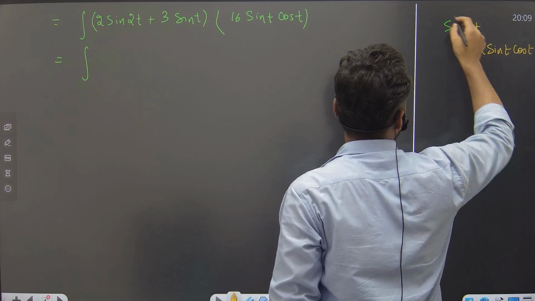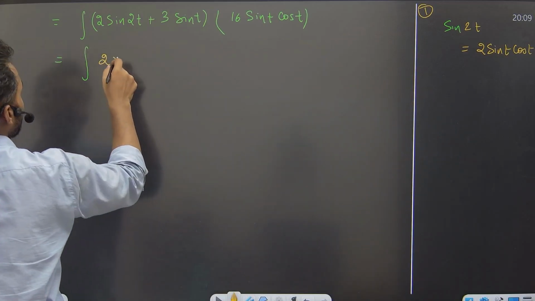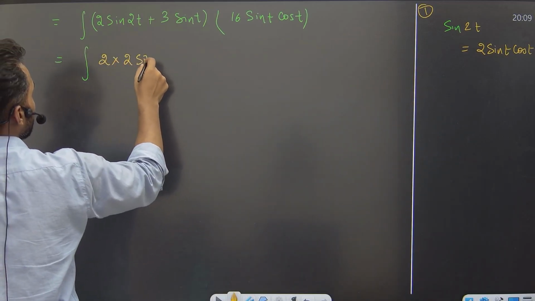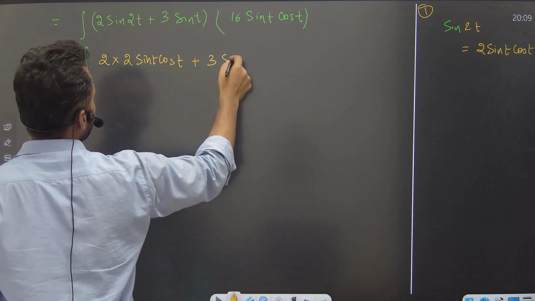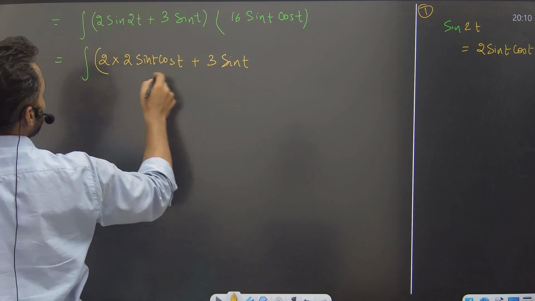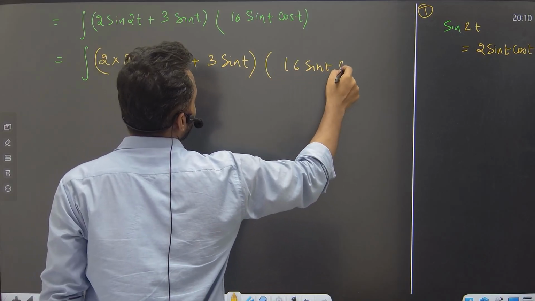This is formula 1 which we'll be applying here. So what we'll get: 2 times 2 sin t cos t plus 3 sin t, and here you have 16 sin t cos t.